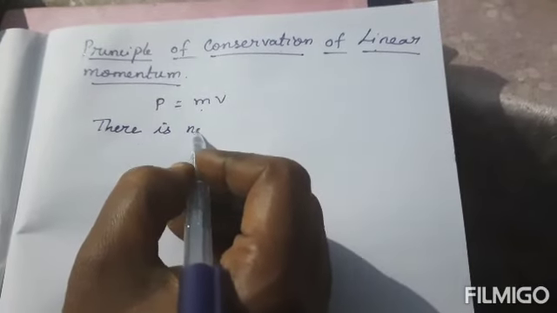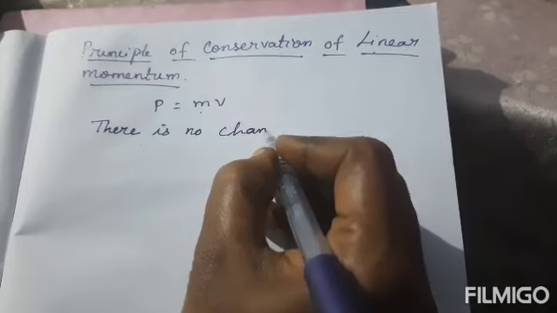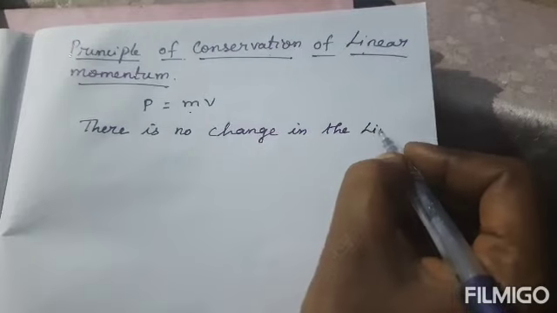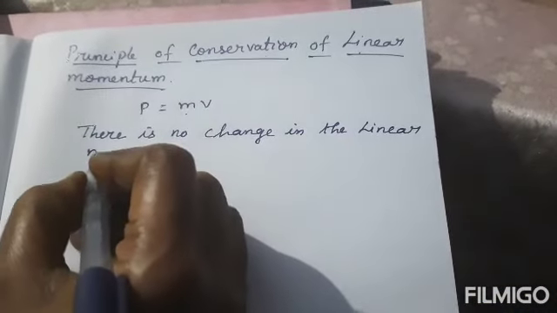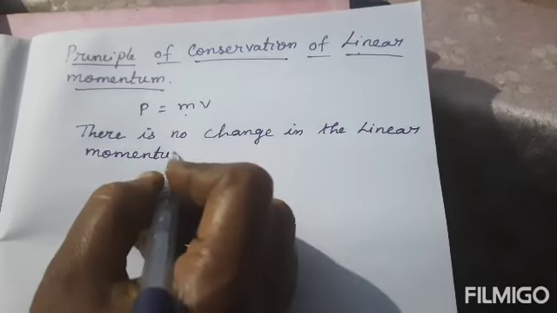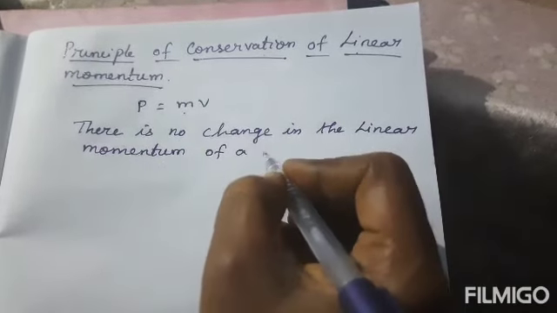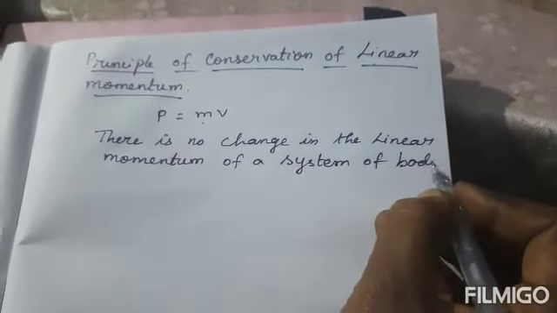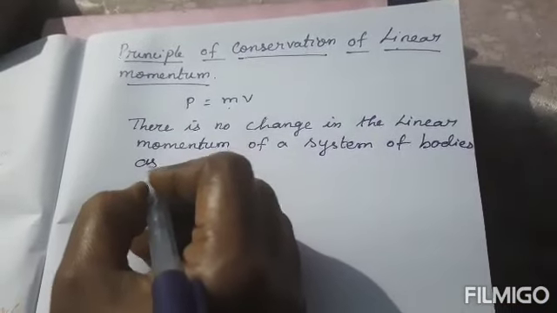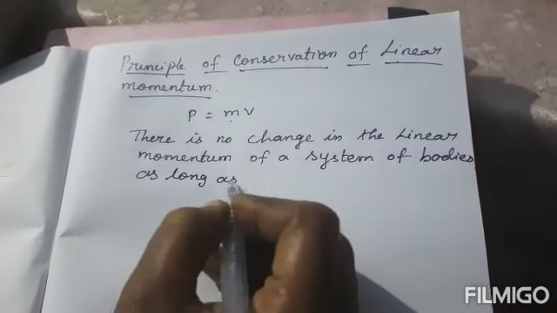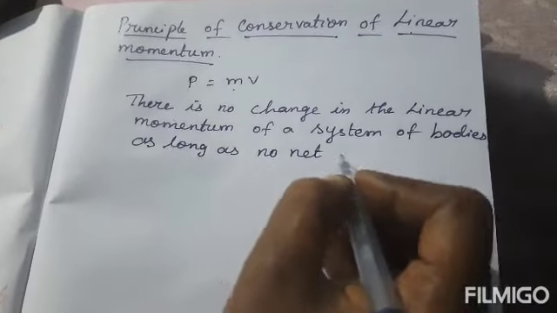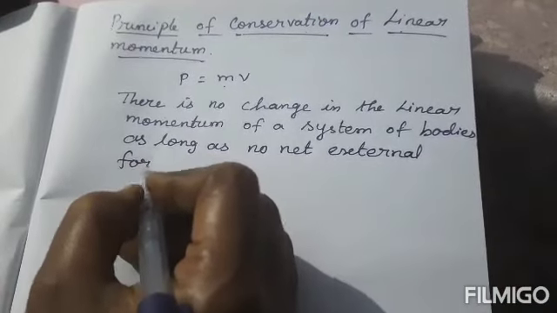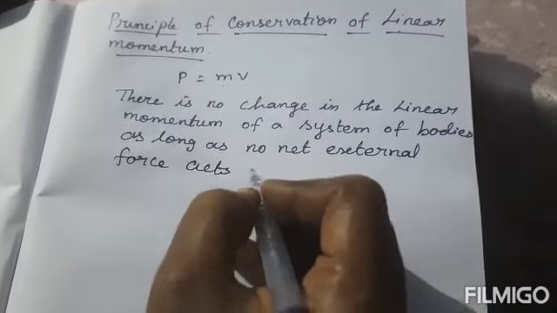There is no change in the linear momentum of a system of bodies as long as no net external force acts on them.